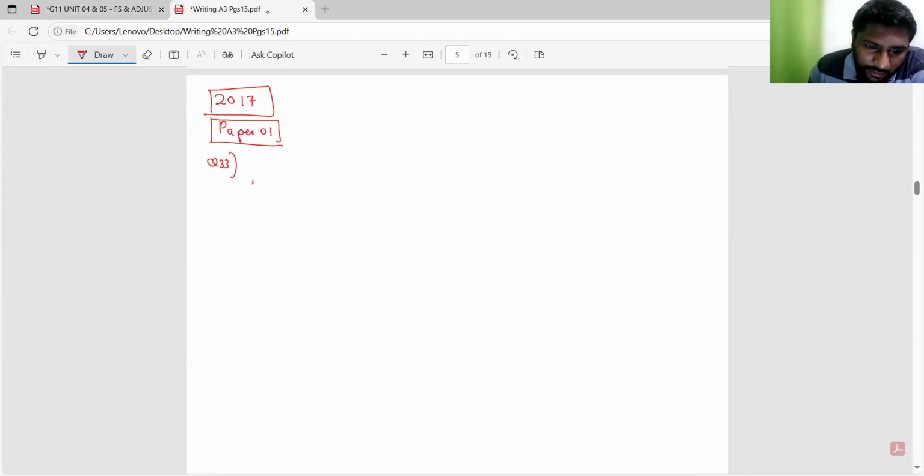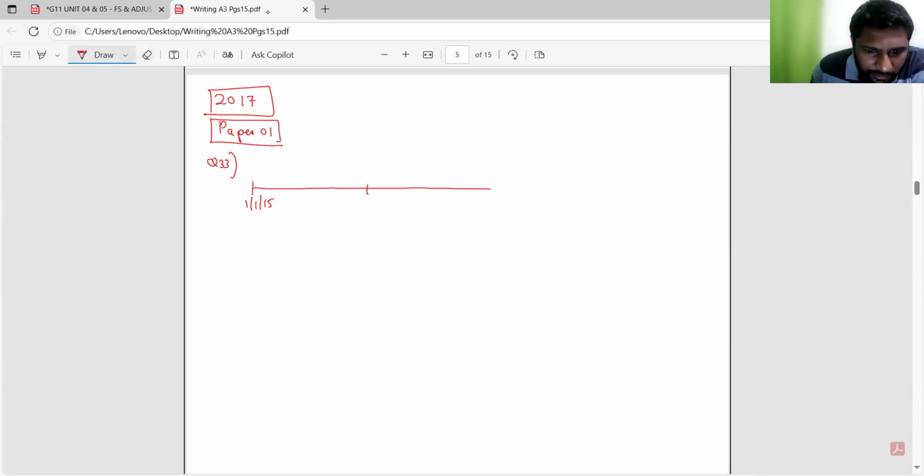Good. So you purchase the machine on 1st January 15. Then the first year will be over on 31st December 15 or 1st January 16. The dates are same. And from 1st January 16 again to 31st December 16, or 1st January 17.